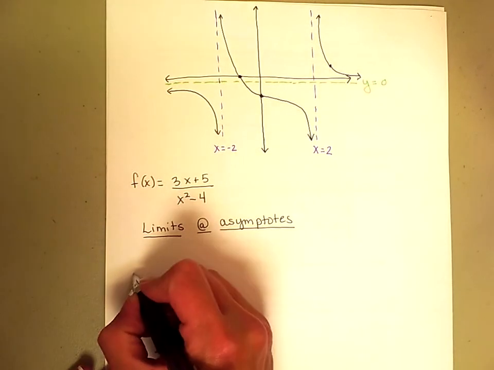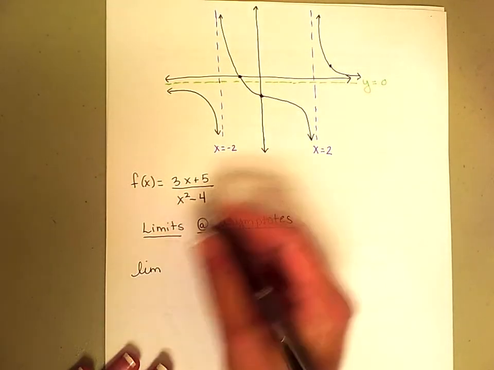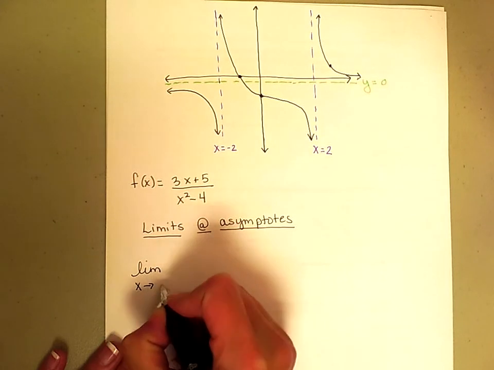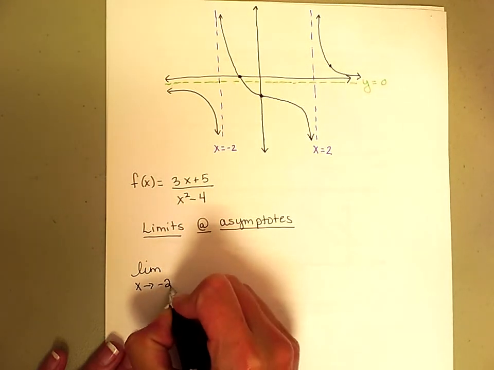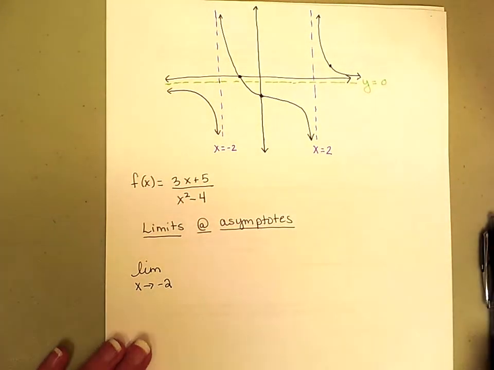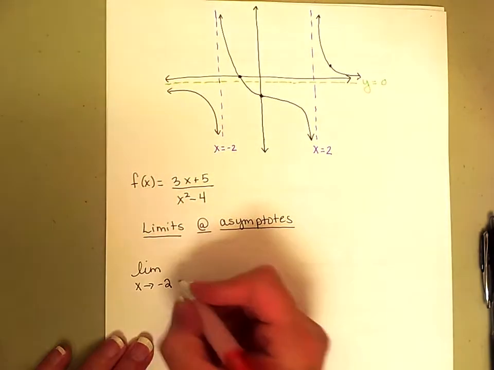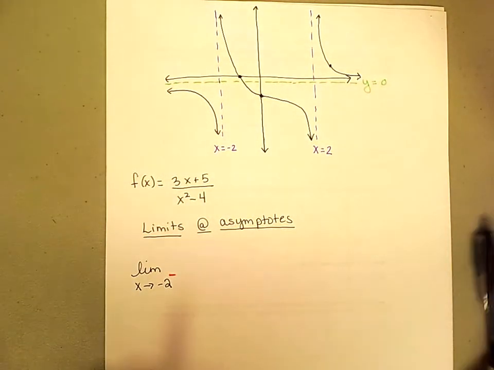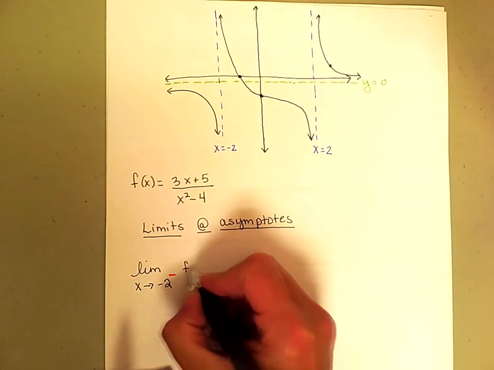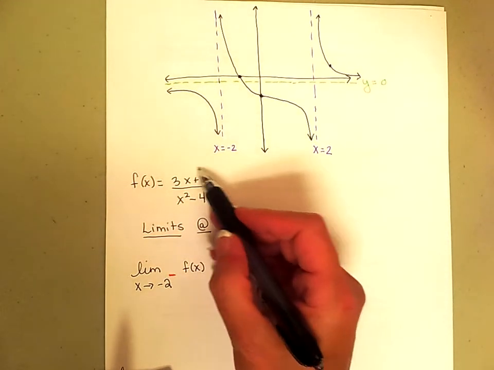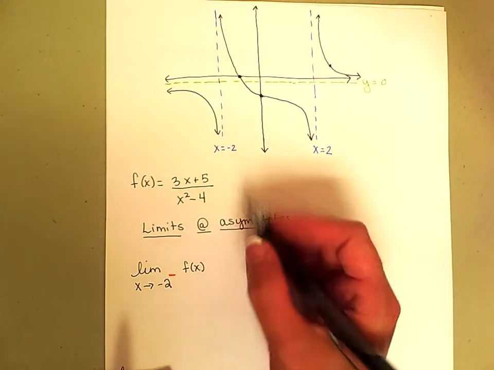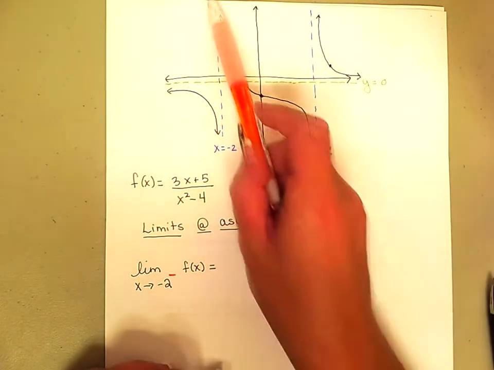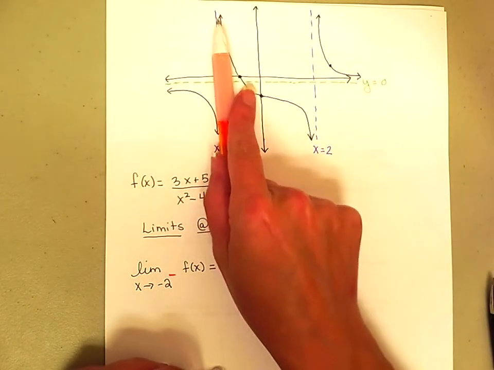Okay, so let's examine the limit as x goes to negative 2, and let's go from the left-hand side. So from the left-hand side, I'll just put the negative sign there. And I'm just going to write f of x, knowing that we mean this function. So here's the line, x equals negative 2.